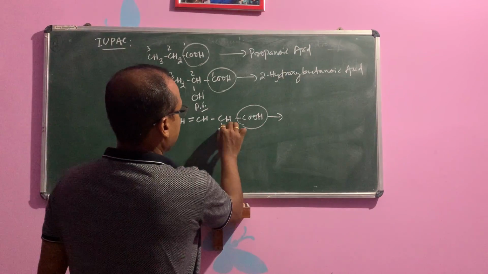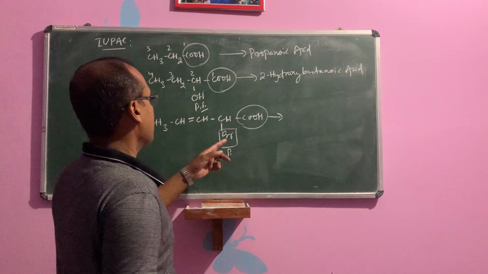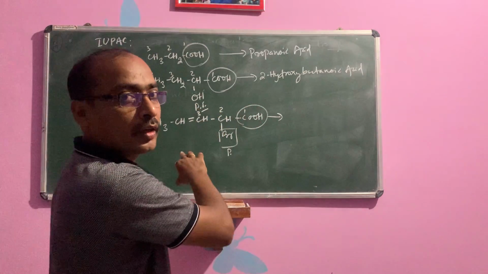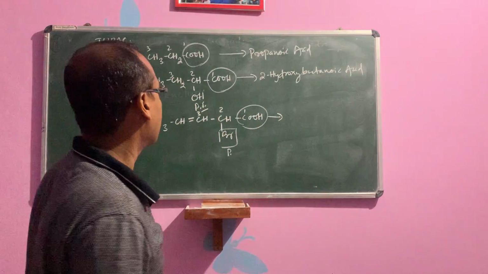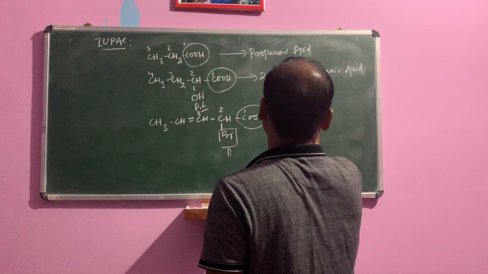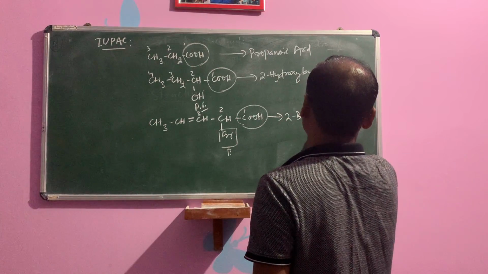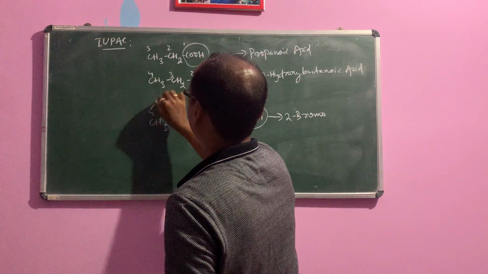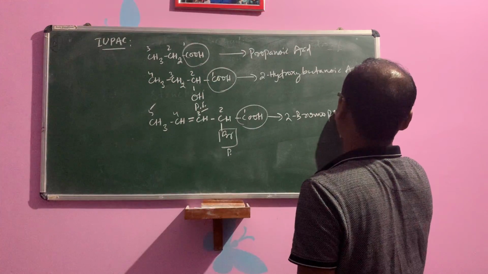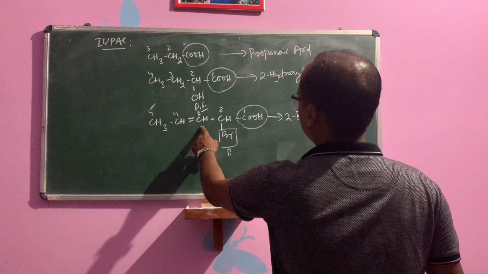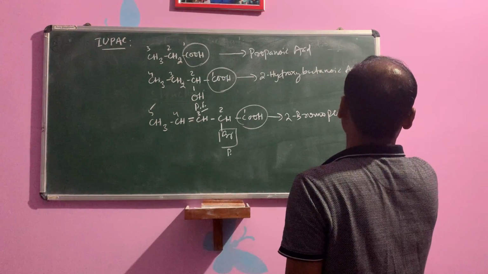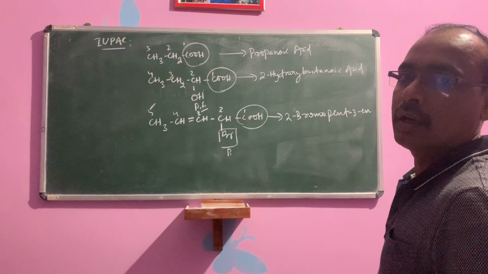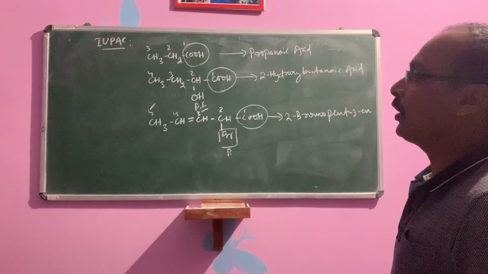Similarly, we can write the other part of this one. This one is your prefix. So position 2, then 1, 2, 3, position 3 is the double bond. So 2-bromo. 1, 2, 3, 4, 5, pent. Position 3, 3-en, only en, not ene, because the secondary suffix contains oic acid.